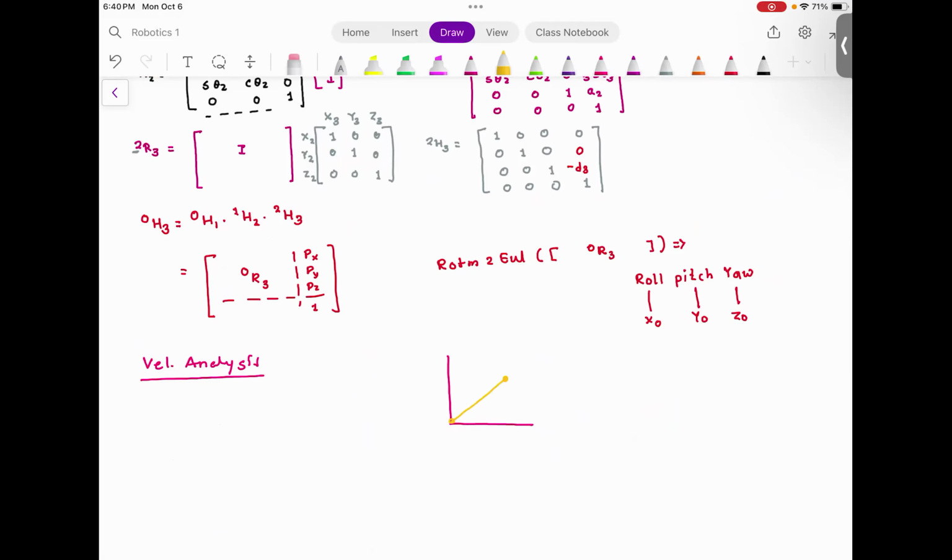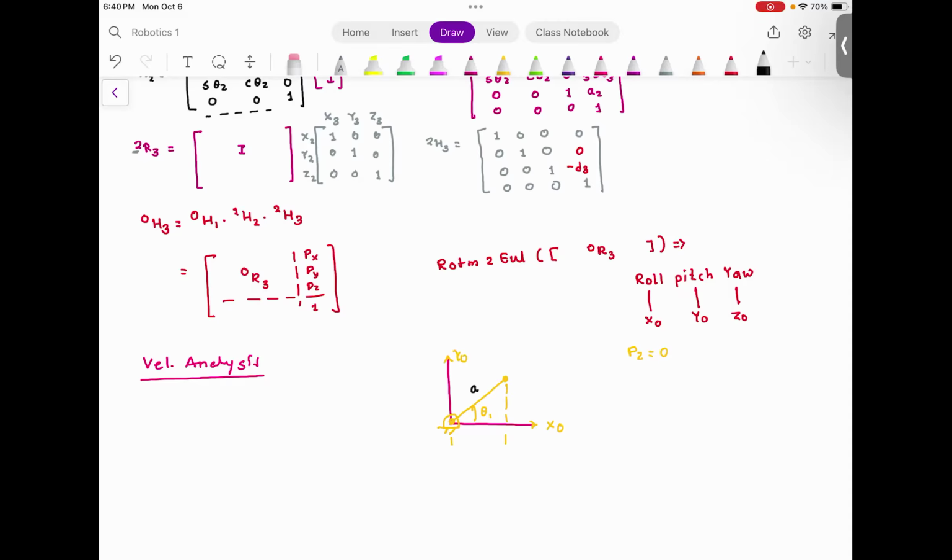So this is the 1 degree of freedom robot, theta 1. You agree with me? Since it's a planar robot, Pz is equal to 0. It has x0, it has y0.